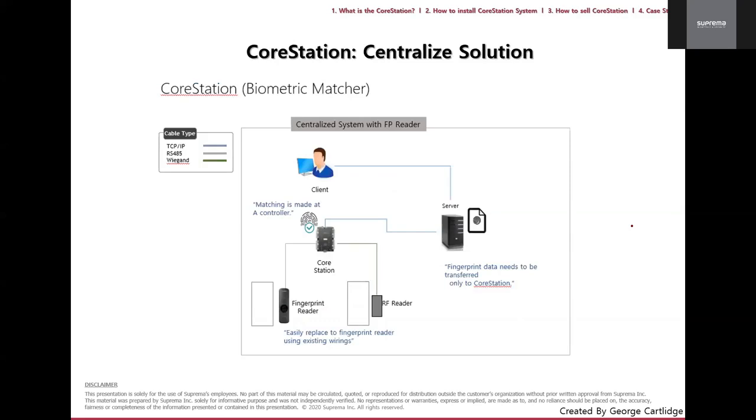And then here you have the centralized location and setup, where you basically have one server, one CoreStation that all the matching is done, and then you could easily add readers without adding any additional wiring at all. The speed of transfer is also quick on the CoreStation.